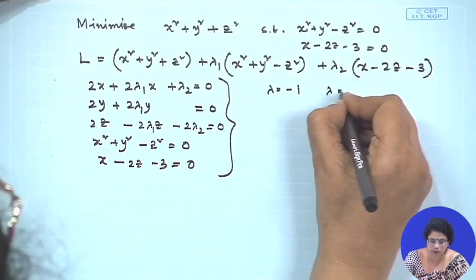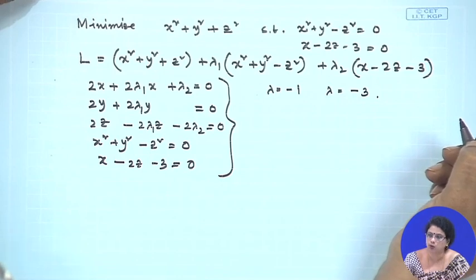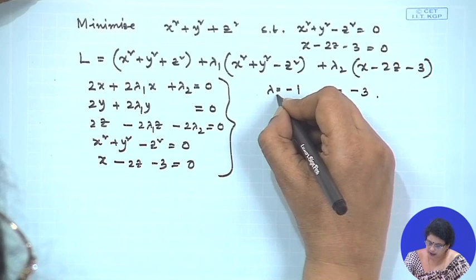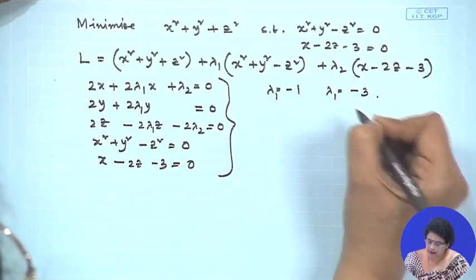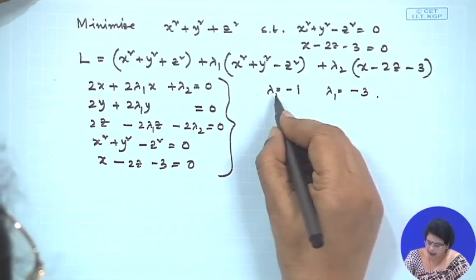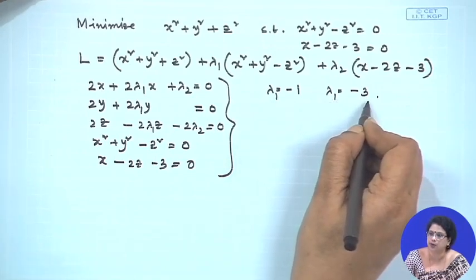In one case we will have lambda 1 is equal to minus 1, and another case we will have lambda 1 is equal to minus 3.